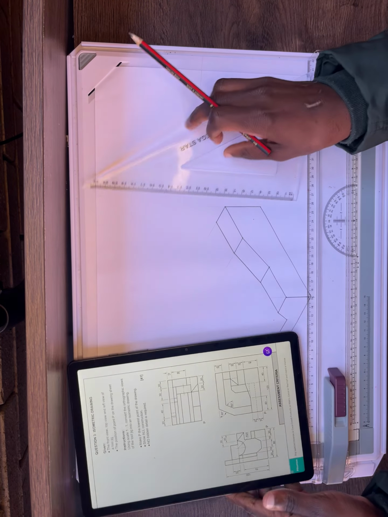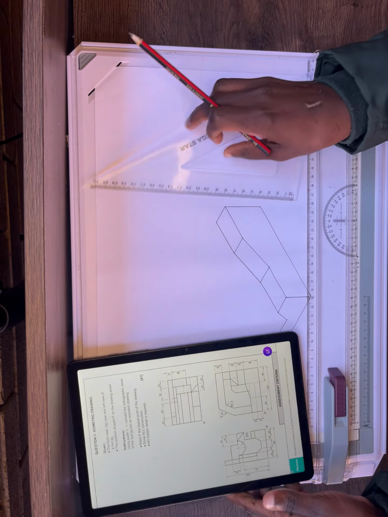From here to here is given as 20. Is actually 30. From here to here is given as 30, because you see there's 20 that is from here to here, and then there's 30 above it, which is from here to here. So which means now I'm going to measure 30 going in this direction.